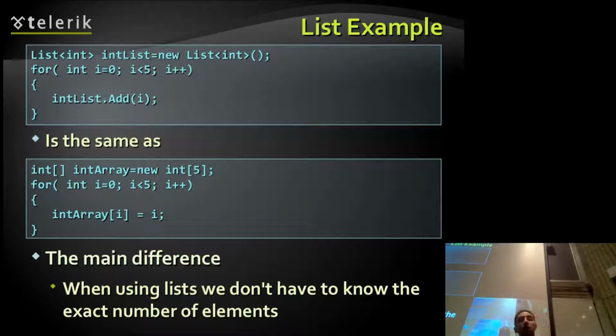Okay? You have to add items in order for those elements to exist. So by saying add, that is putting it in at the first empty location, in this case sub 0. So if you do that 5 times, you'll have 0, 1, 2, 3, 4. At the end of both of these segments of code, you'll have the same array. But one will be a dynamic list, and one will be a static array.